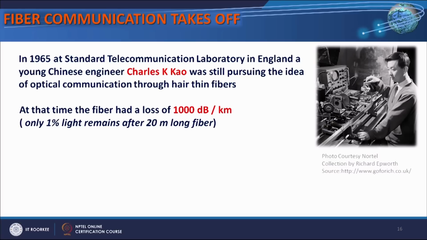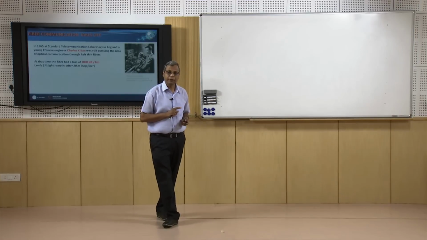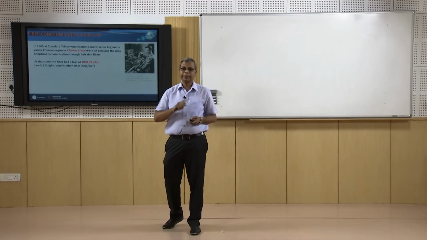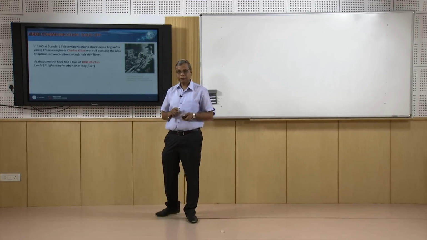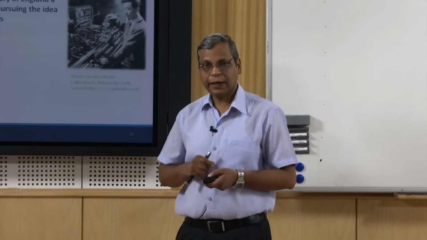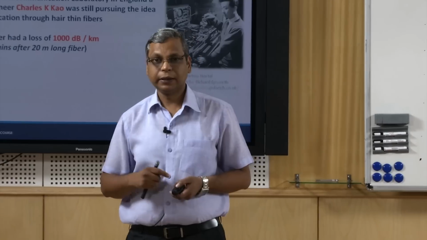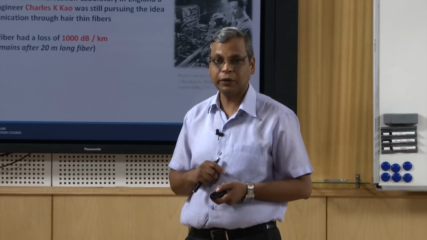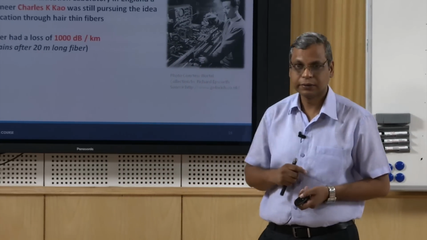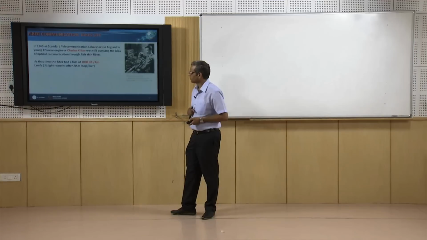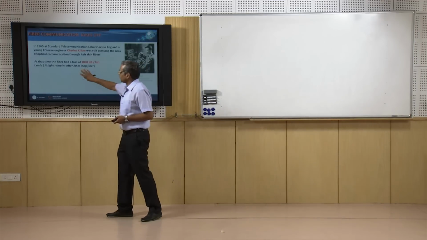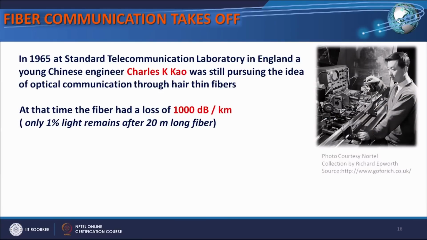It means that if you send light through 20 meters of optical fiber, then only 1% light remains, which means that if you put 100 milliwatt of light at one end of a 20 meter long fiber, at the output end you will be left with only 1 milliwatt, but 100 milliwatt is huge, you do not use 100 milliwatts. So, only 1% light remains after 20 meters. This was the kind of loss in optical fiber at that time.